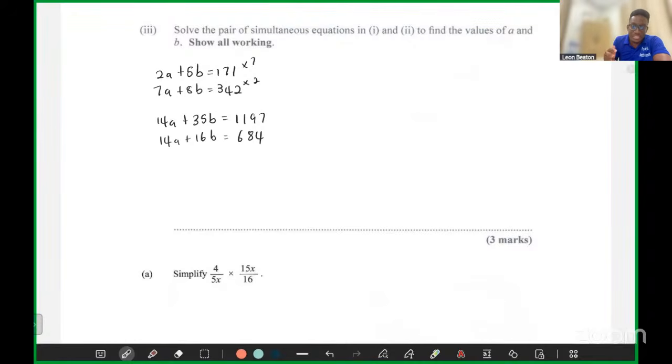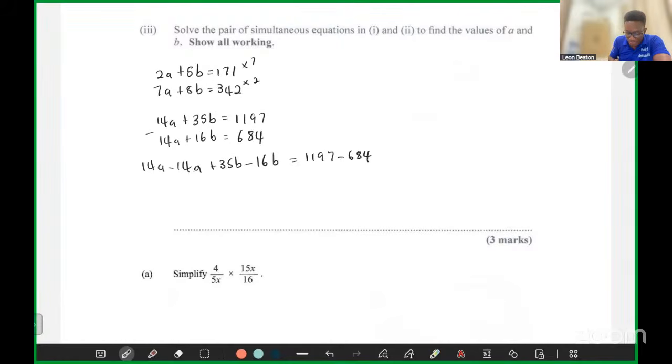Remember, this is called the elimination method, so we want to eliminate the variable. To eliminate the A, we'll just subtract the like terms from both equations. So this will be 14A subtract 14A plus 35B subtract 16B, equal to 1,197 subtract 684.